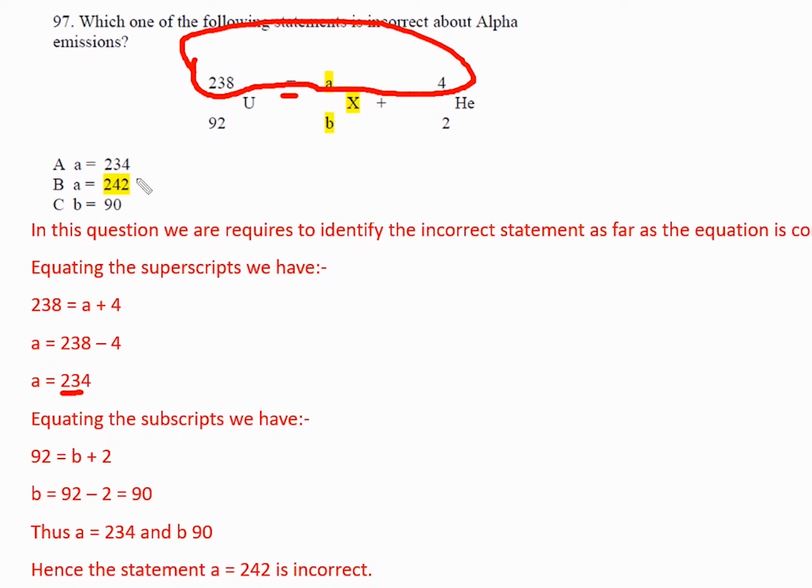So when you work this out, A becomes 234. So this statement is correct. For B, 92 is going to be equal to B plus 2. So B is 92 minus 2, which is 90. So this other one is also correct. So the incorrect statement is that one there.